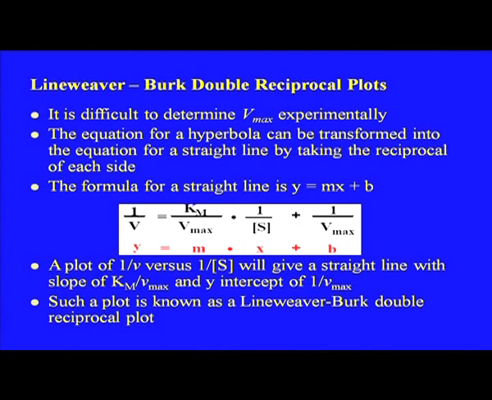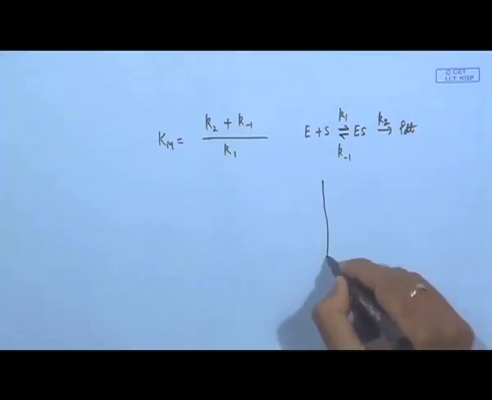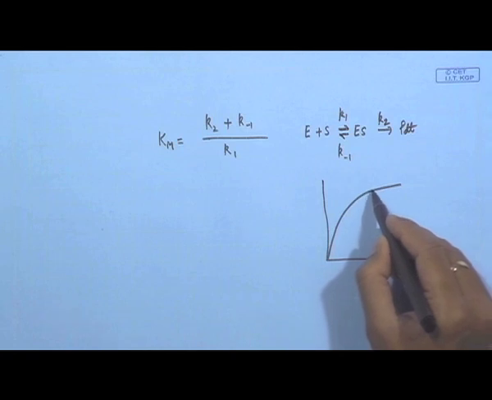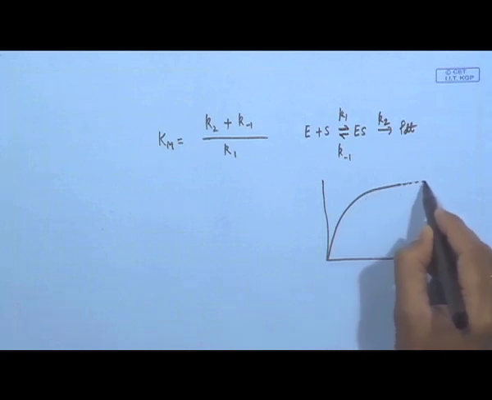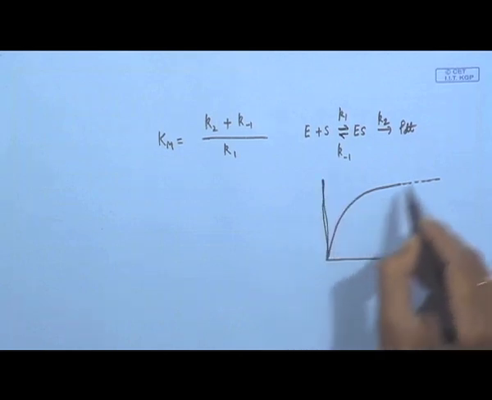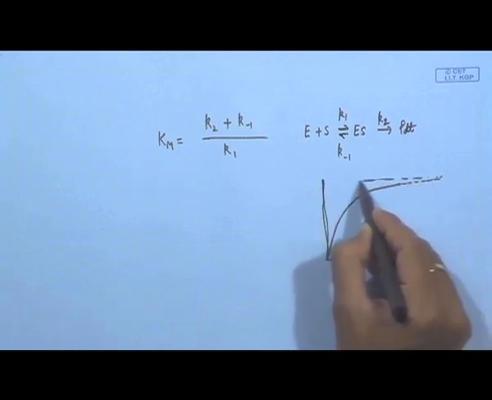Experimentally means just finding out the velocity of the reaction, and it is difficult since, if you look into this graph, it is asymptotic, rising and rising. So experimentally, from where you have to draw this line, it is difficult.